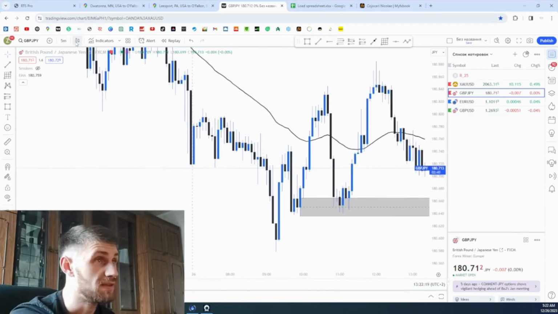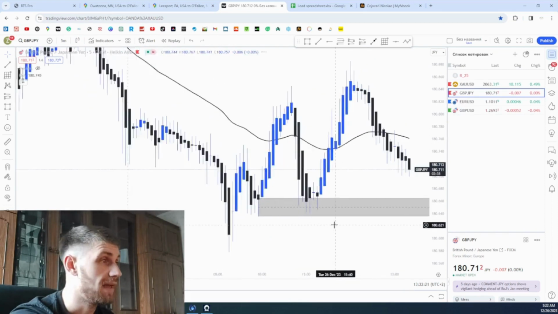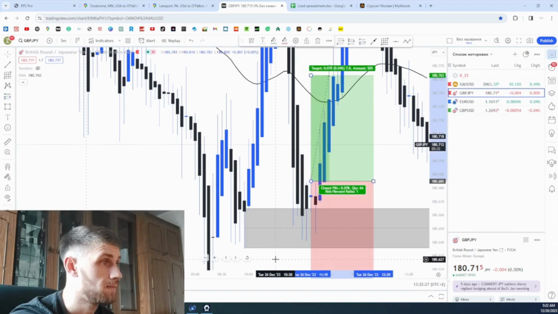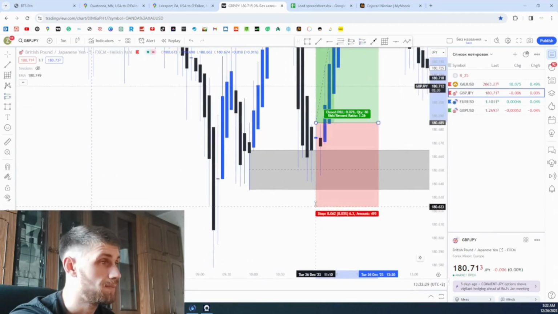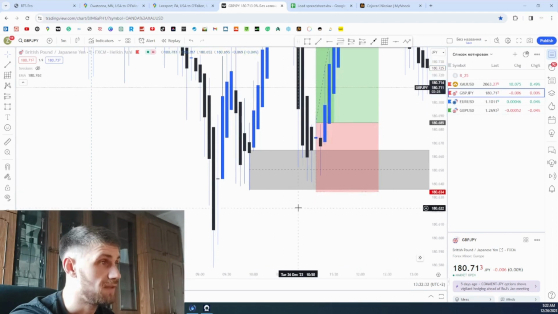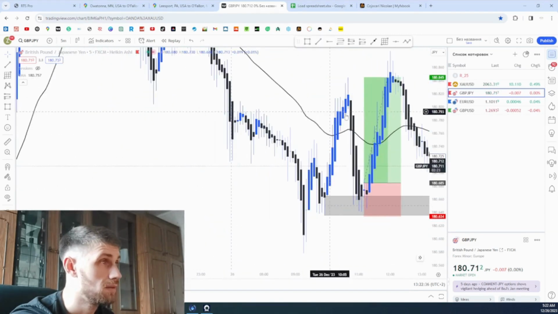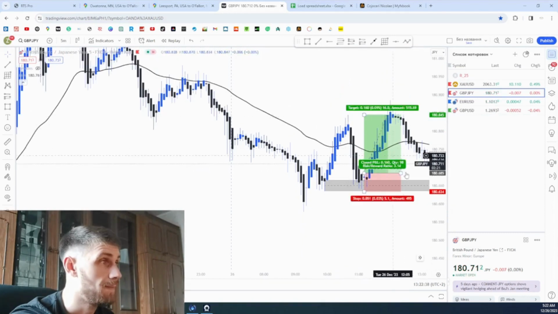But instead, you can still keep the Heiken-Ashi and enter on the break of this candle. The stop loss you're gonna put beneath here, and you drag and target this high.